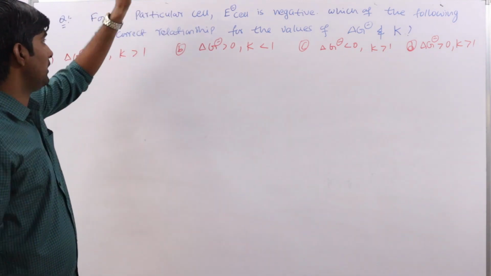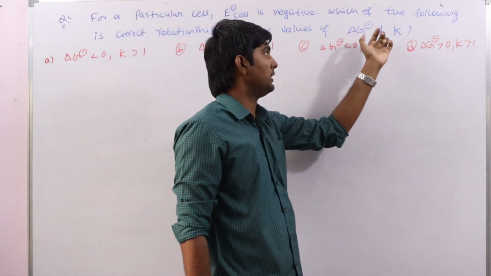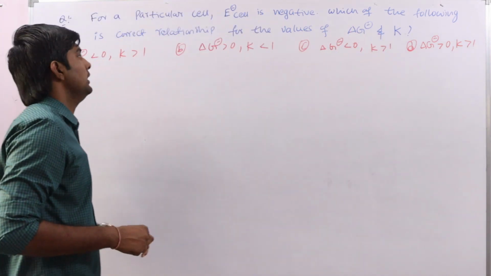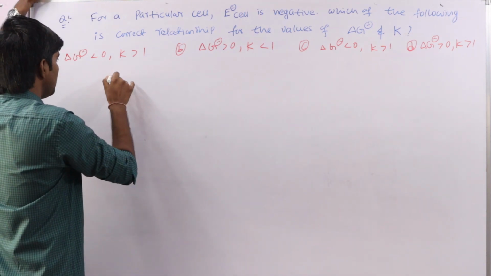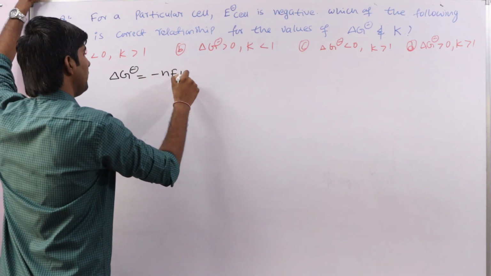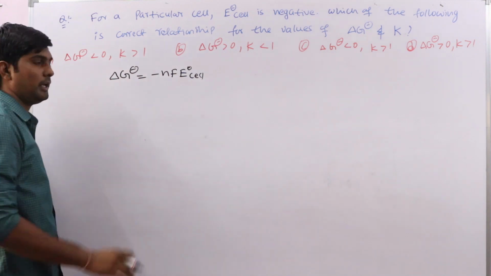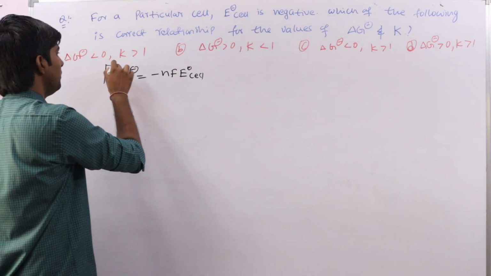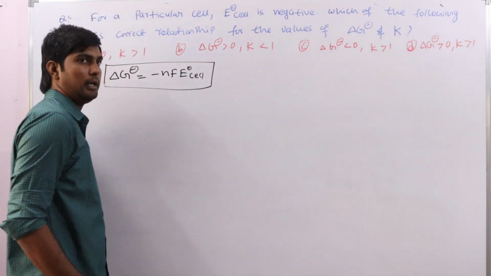So E naught cell is negative, and we have to identify the correct relationship for delta G and K. We have a relation we discussed in electrochemistry that delta G naught equals minus nFE naught cell. So Gibbs energy change is equal to minus nFE naught cell. What is n?